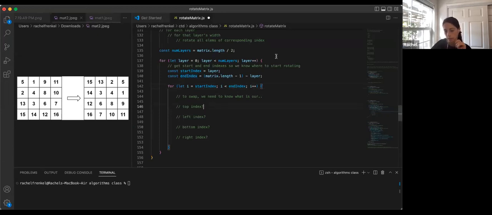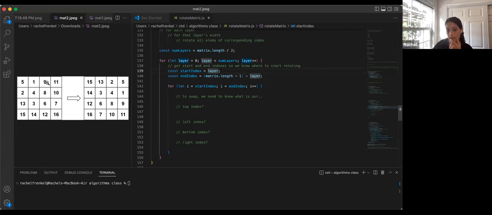Okay, so now let's figure out, how do we get the top index? The variables that we have right now are the start index and the ending index. And we have i, which is telling us which number in here, like if this is the 0th, right? And then this is actually start index. This is start index plus 1, start index plus 2.